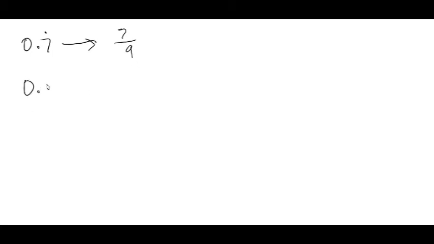You may be able to work out that if I had 0.8 recurring, just think back at the working out we did, we'd end up with 8.8 recurring minus 0.8 recurring, which would just leave 8. And that would also be over 9. 0.2 recurring, guess what? 2 over 9.